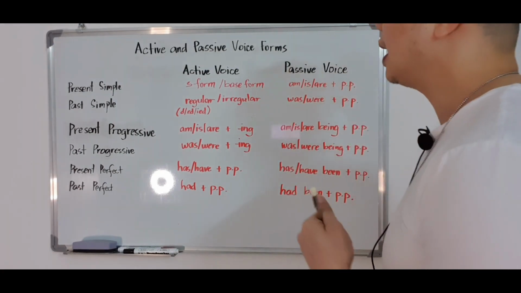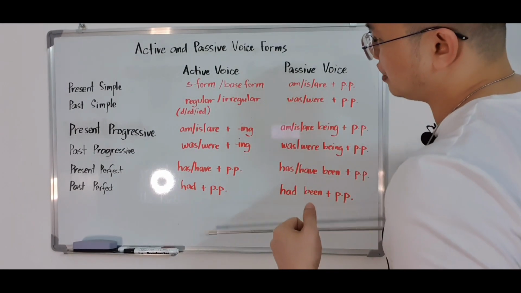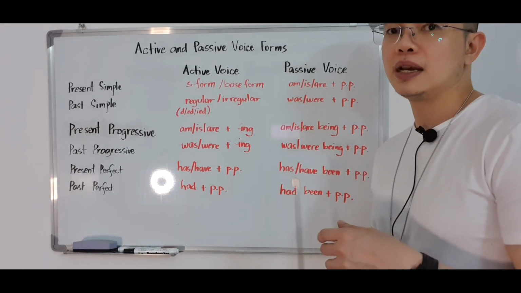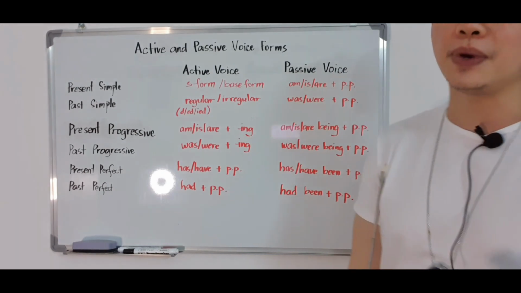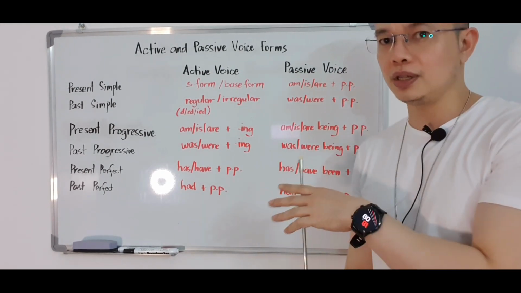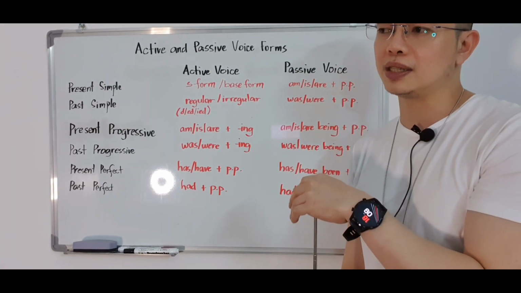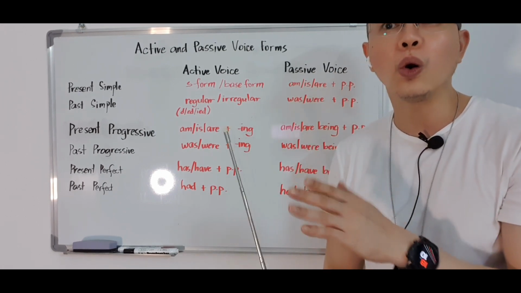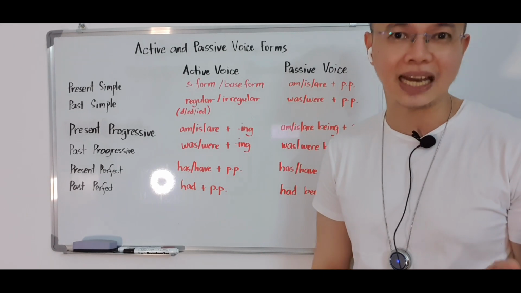All right, anyway, on this part of course is the active voice, and then on this part is the passive voice forms. By the way, this is only a lesson where I'm only giving you all the forms of active and passive voice.